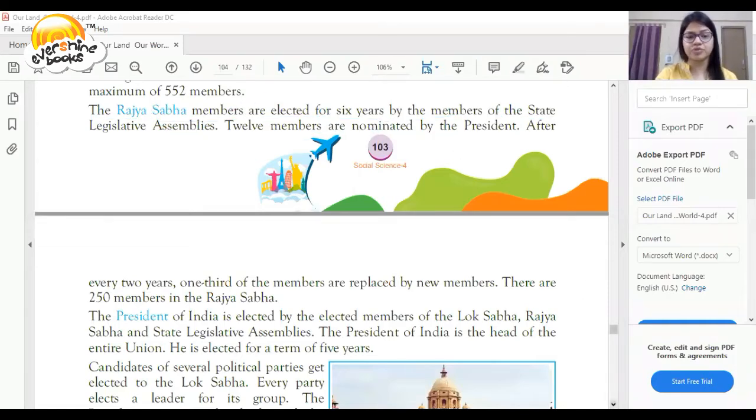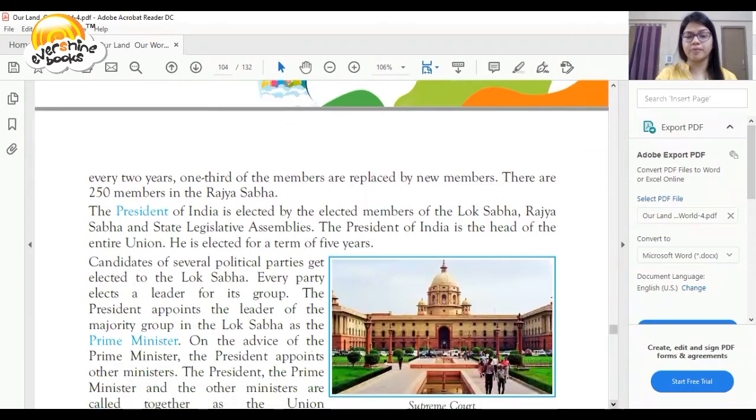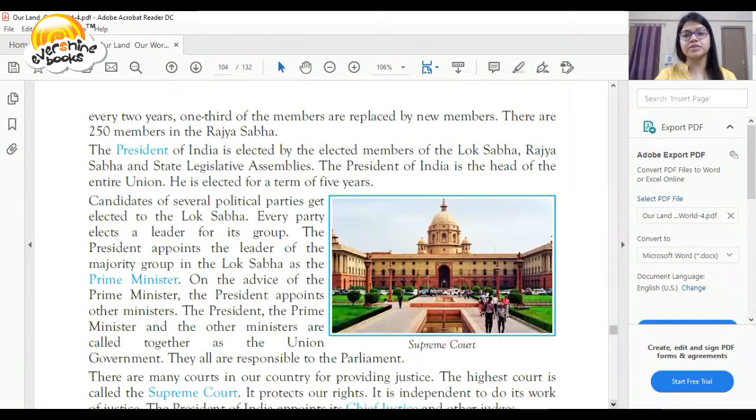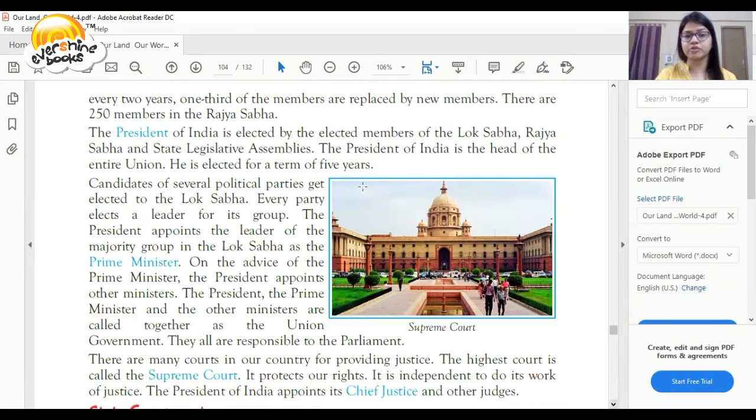After every 2 years, 1/3 of the members are replaced by new members. लेकिन 2 साल के बाद क्या होता है? तो राज्यसभा के मेंबर हैं उनका 1/3 पार्ट नए मेंबर से रिप्लेस हो जाता है. There are 250 members in the Rajya Sabha. So this is a very important question. How many members are in the Rajya Sabha?